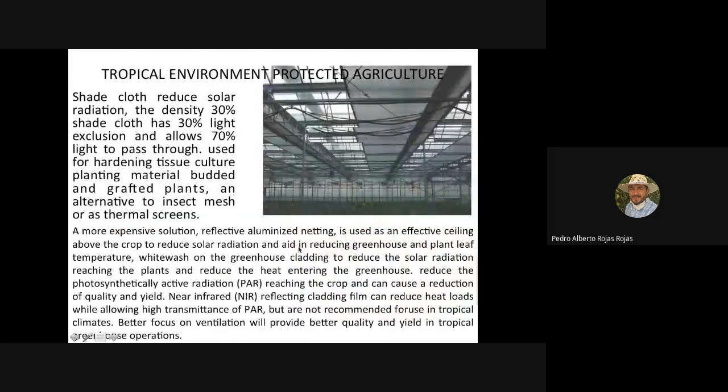We also talked about protected shade cloth. This is used to reduce the solar radiation, and this kind of shade cloth is very important in the climate of tropical greenhouses because of the quantity of sun that we have in this kind of climate.